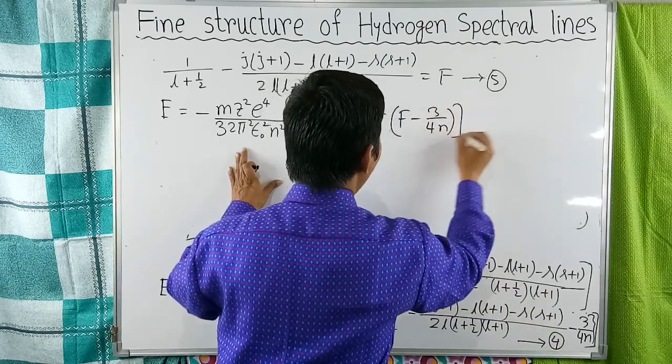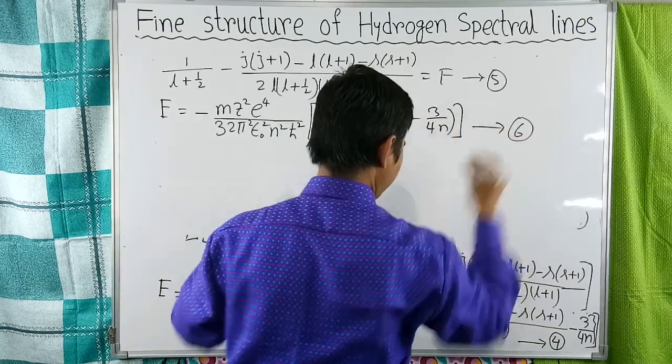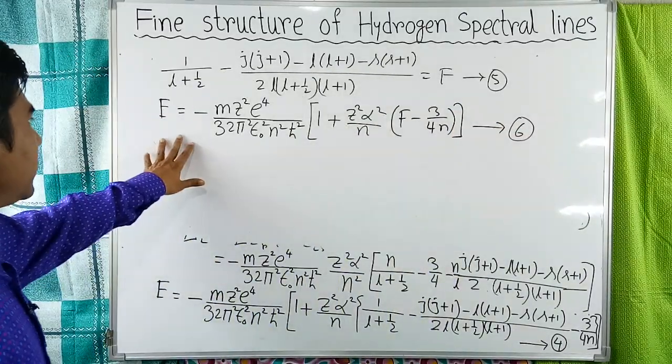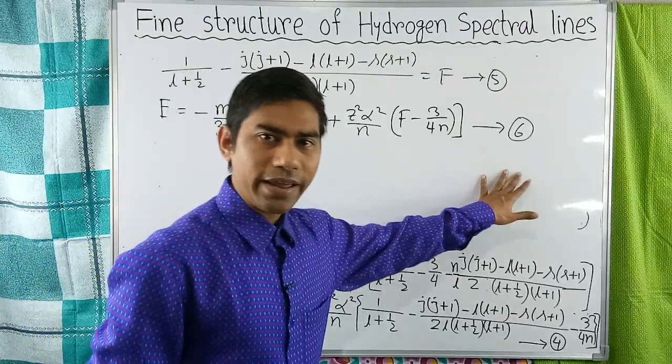Suppose this is equation 6. So this is the completely corrected expression for energy.